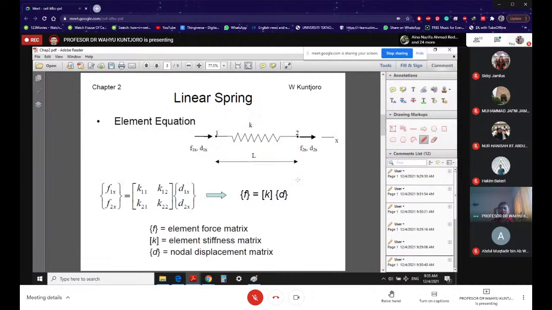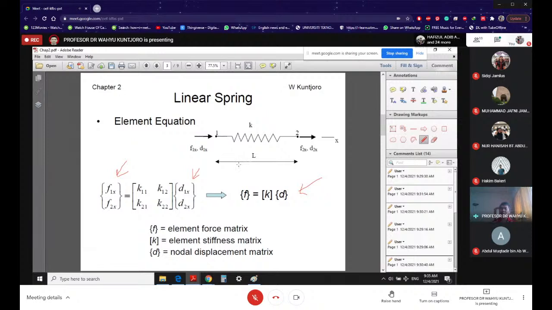Your element equation is F equal to KD, and you know that the D is going to be this, and that is your F. You know this because that is your element numbering, element terms, element parameters.